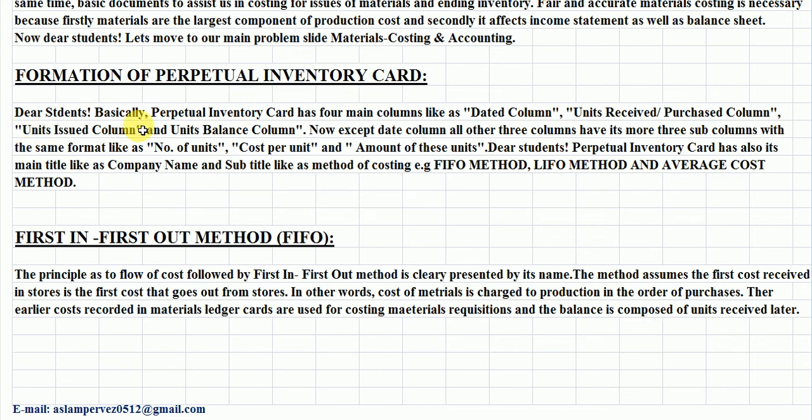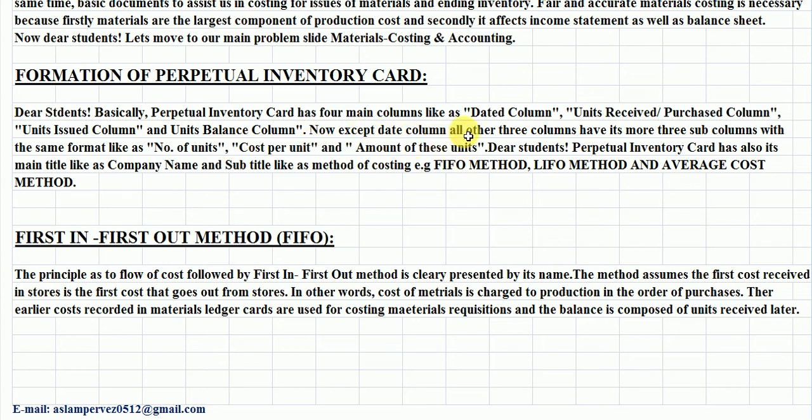Dear students, basically Perpetual Inventory Cards have four main columns: the date column, the units received or purchase column, the units issued column, and the units balance column.